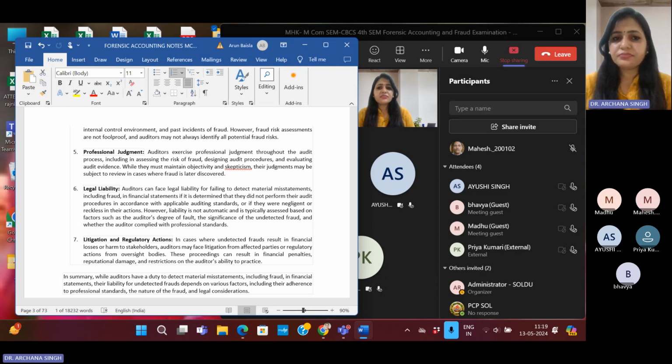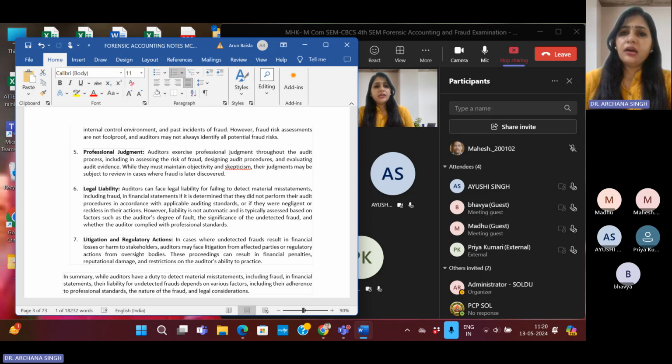Here, liability is not automatic. It is typically assessed based on factors such as the auditor's degree of fault, the significance of the undetected fraud, and whether the auditor complied with the professional standards. So auditors can face that legal liability.